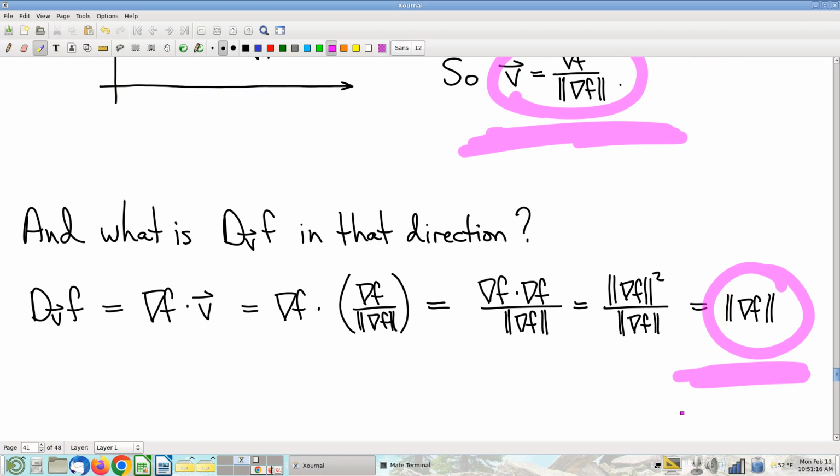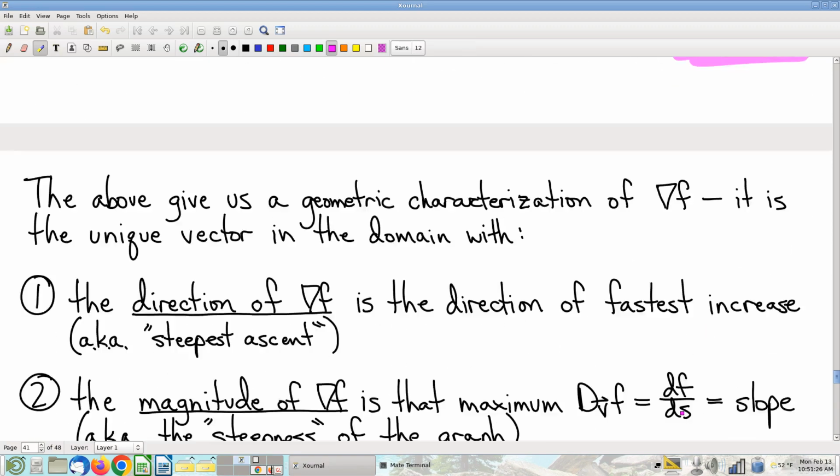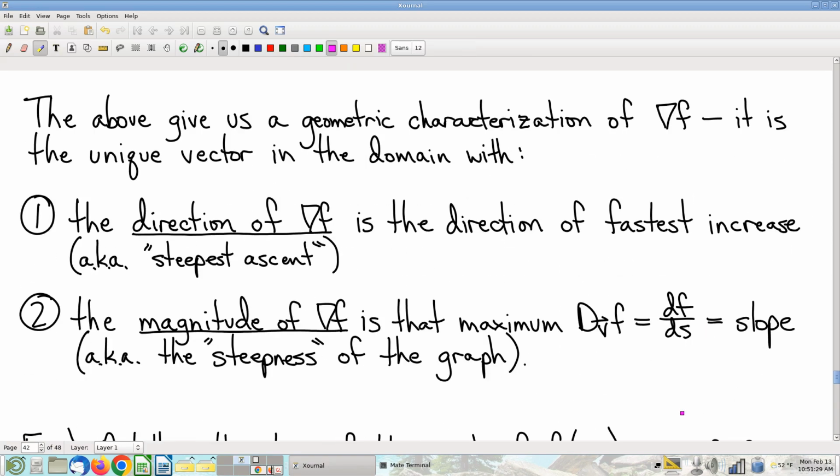Direction and magnitude, the two geometric defining characteristics of a vector, are the answers to these two very natural questions. And so if we rephrase the above analysis with that in mind, we have a new interpretation of the gradient vector.